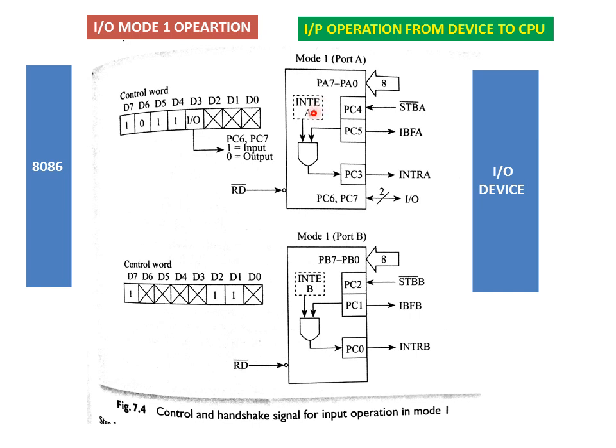The meaning of INTE A is interrupt enable of port A, and the strobe signal is acknowledged. Once the interrupt is enabled, the strobe signal is acknowledged.